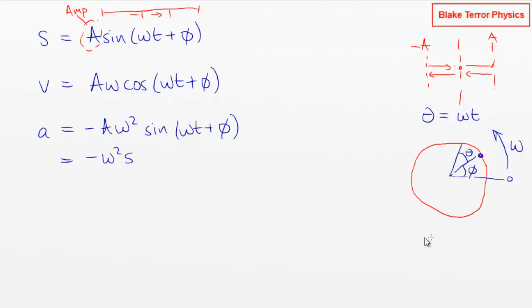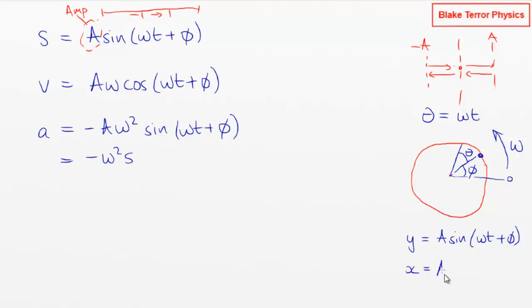Now let's specify, in this case I'm going to stick with a y coordinate, but I'll also give a nod towards the x coordinate as well. So say the radius of the circle is a, the y coordinate of this particle is going to be a sine theta plus phi, and theta is omega t plus phi, which of course is exactly what is written up here for the displacement.